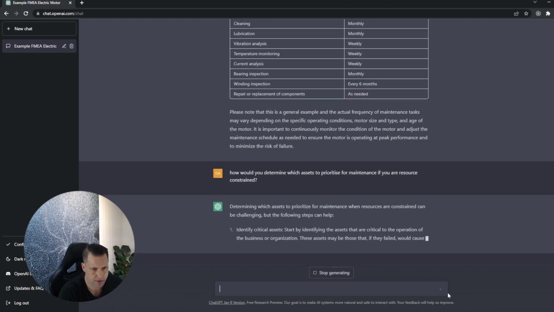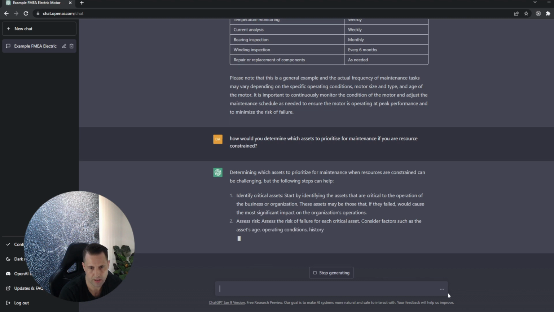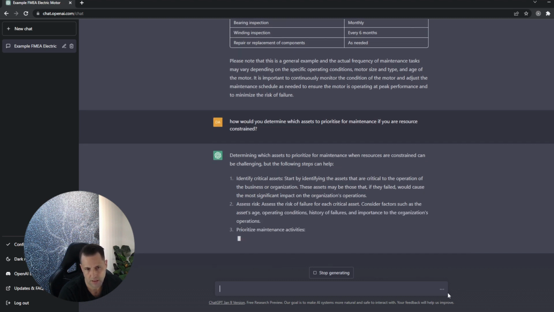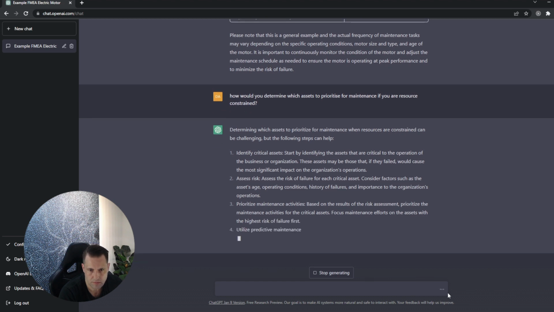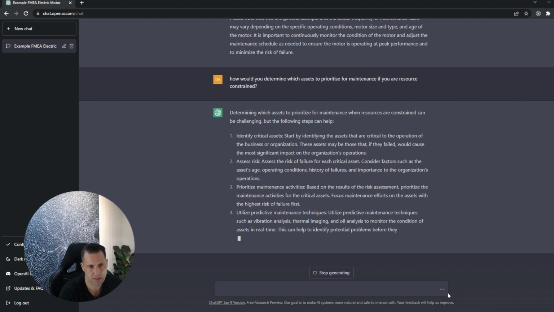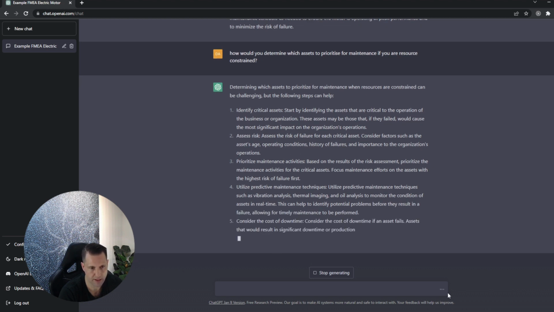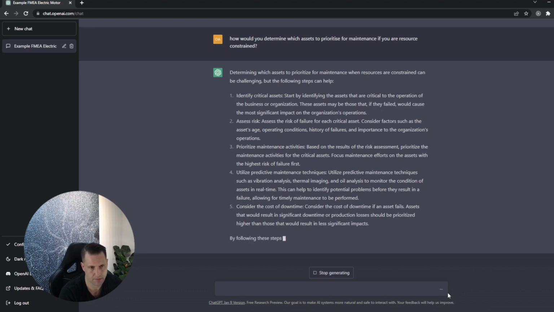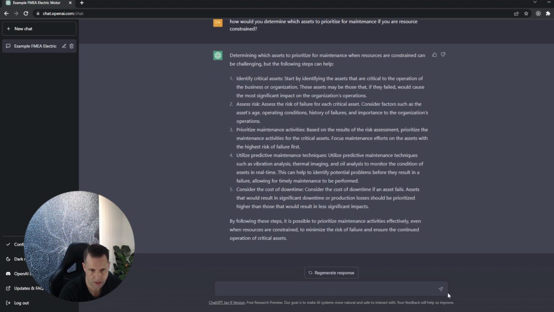So it's starting with essentially a criticality assessment, or the ones with the highest consequences, assesses the risk, prioritizes the maintenance activities. Similar to the approach above. So utilize preventative maintenance, consider the cost of downtime. Okay, that should fall into the assess risk and identify critical assets parts, but that's okay.